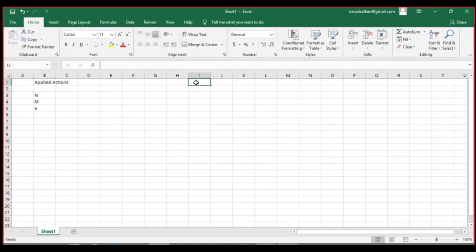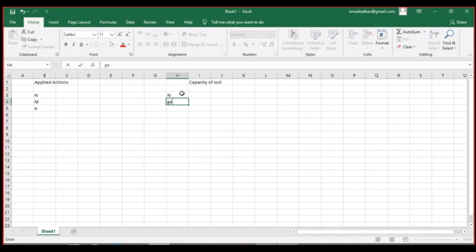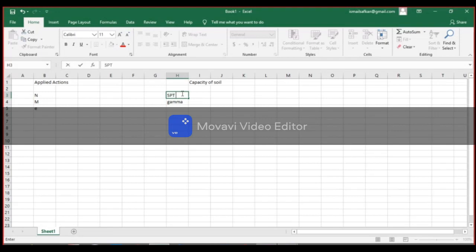And this side is going to be the capacity of soil. What do I have? N. I have gamma, unit weight. SPT N. Gamma.